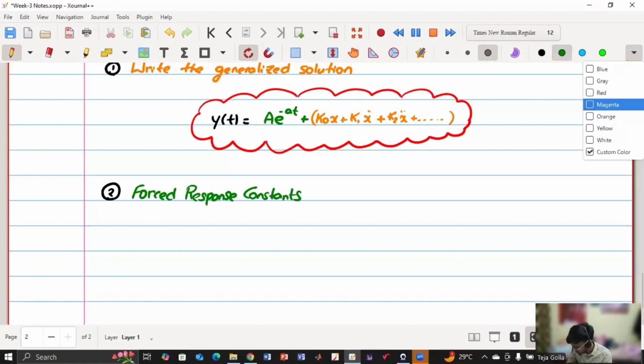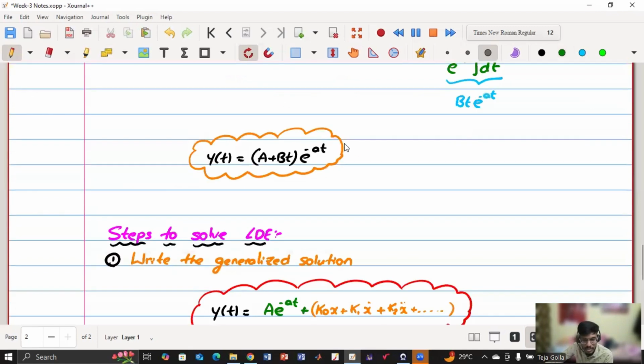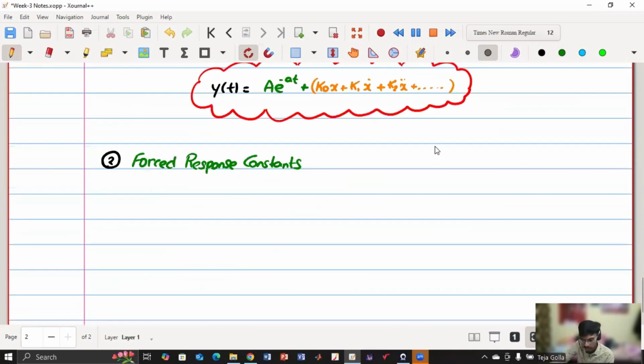For this, you substitute the solution in the original differential equation. y of t is the solution, so substitute this y of t in the linear differential equation. Once you substitute it, you compare LHS and RHS, and then you will get the forced response constants.